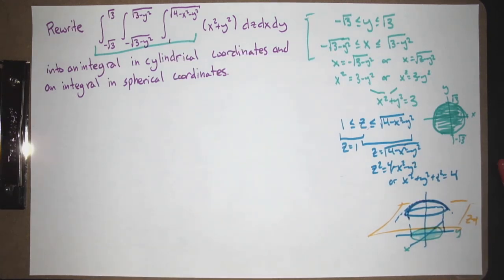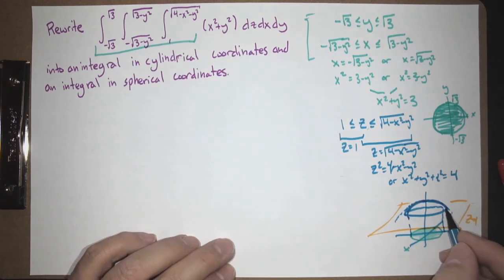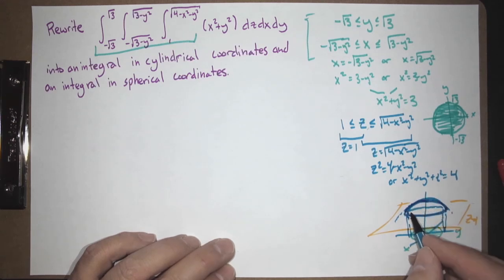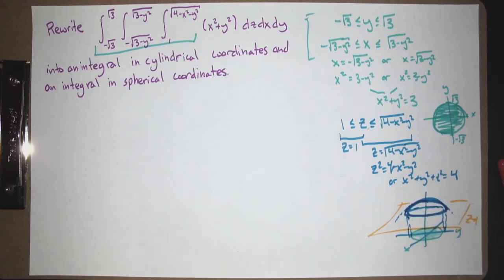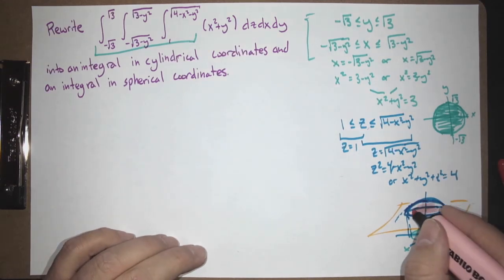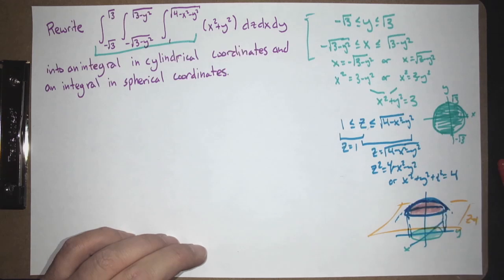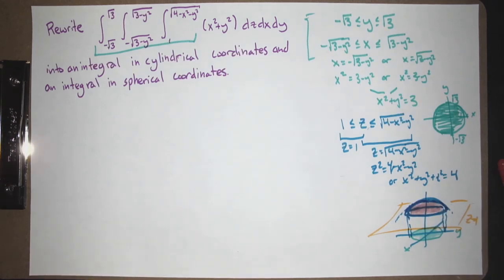If we've done our job right, it's going to be exactly on top. So it's a piece of the sphere, just a part of the sphere that's been cut off. There's our region. Any questions about our region?